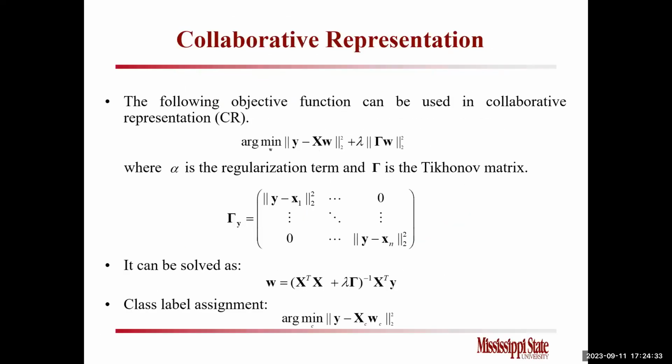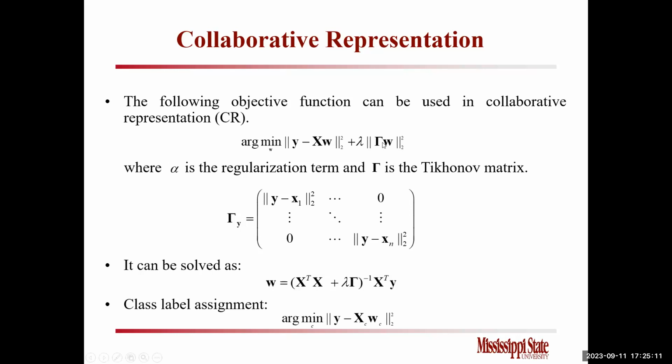There is another approach, sparse representation, which means we want this W vector to have as many zero entries as possible. That means the training samples compete with each other. If one represents this testing sample, I don't want another one to represent it. So the relationship is competition. But here, if we do norm 2, that is collaboration.